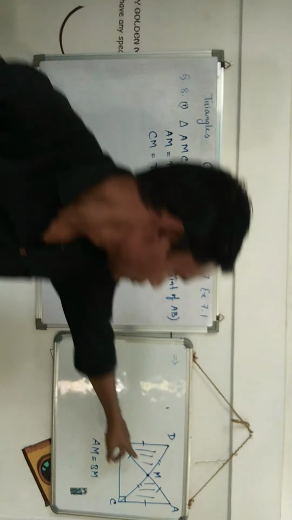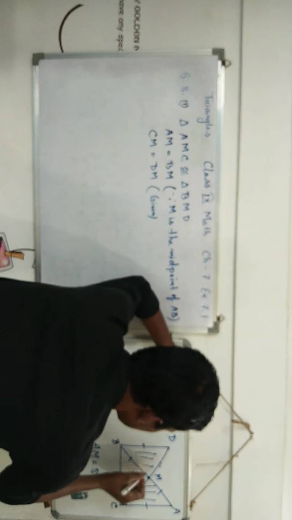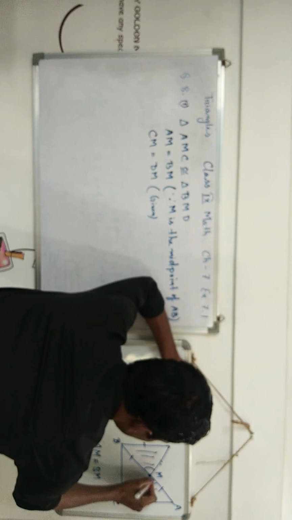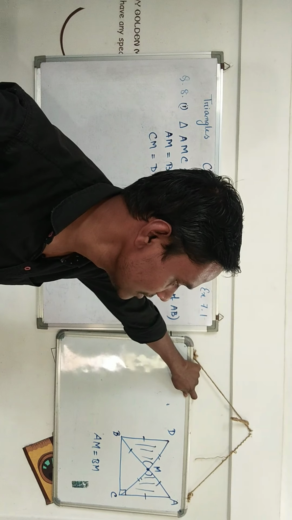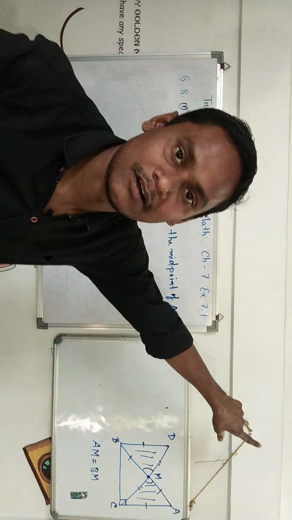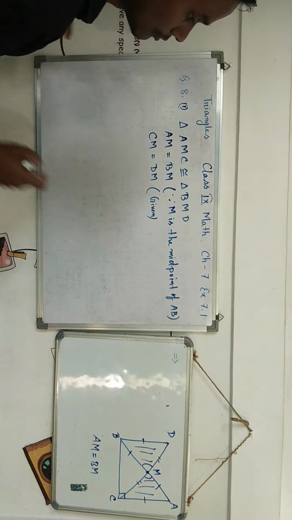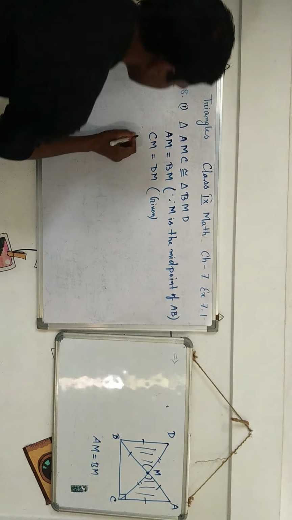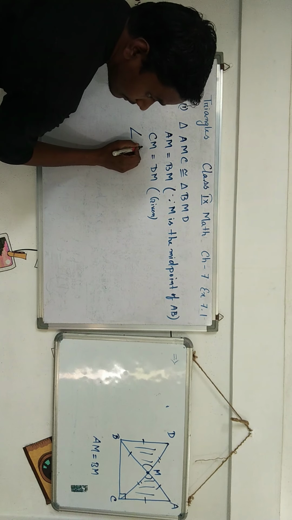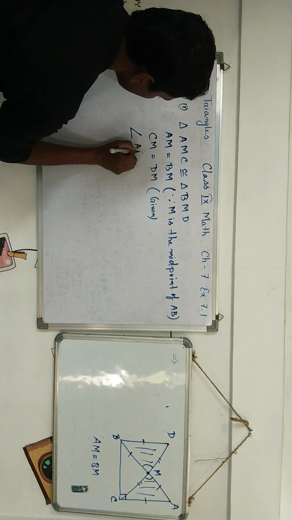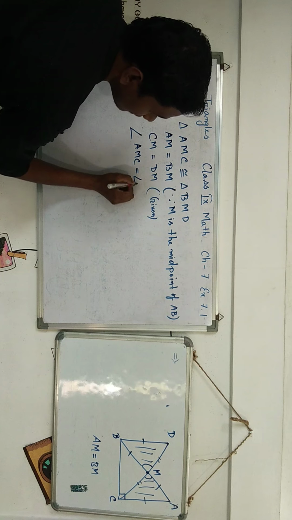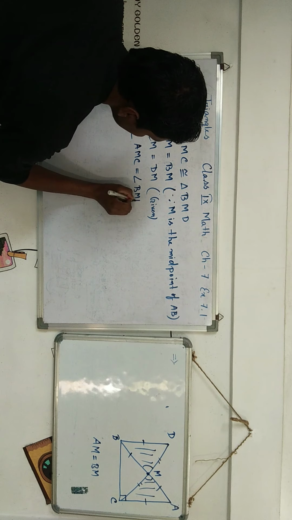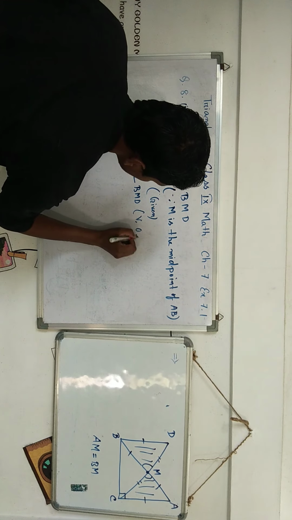Next one, observe that these two triangles have two vertically opposite angles, BMD and AMC. These are vertically opposite angles, included between these two sides. So the third point I can write: angle AMC is equal to angle BMD, vertically opposite angles.